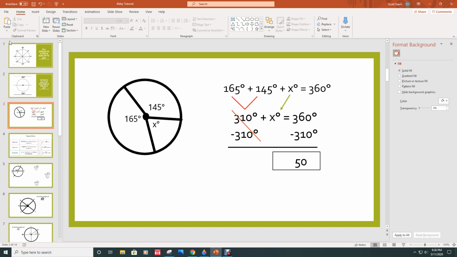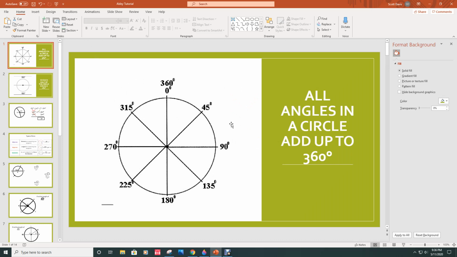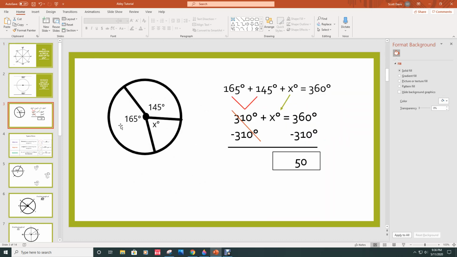So we go back and remember that an entire circle adds up to 360 degrees. So what we'll do is we will add up all of the angles, even the one that we don't know, and set it up just like a regular algebra problem that we would normally do. So 165 plus 145 plus X equals 360, okay?